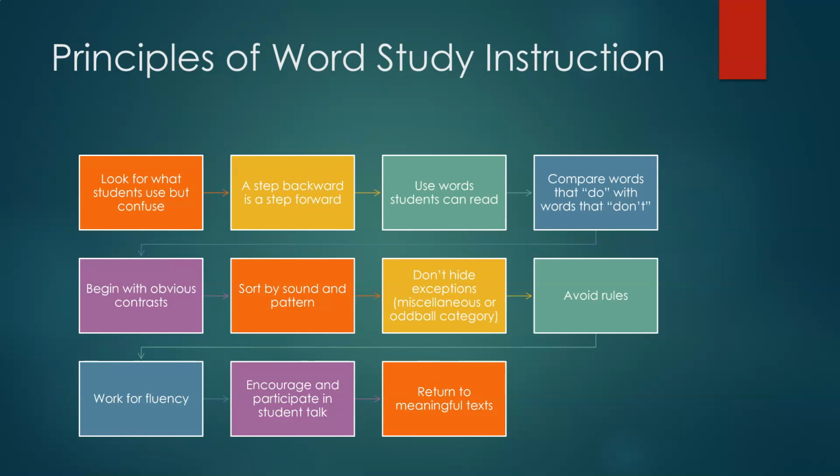Work for fluency, getting the kids to be more familiar with the words or more familiar with those patterns so that they can decode words faster. Encourage and participate in the student talk and return to meaningful text. So going back then and applying this in your text. So that's the principles of word study instruction.